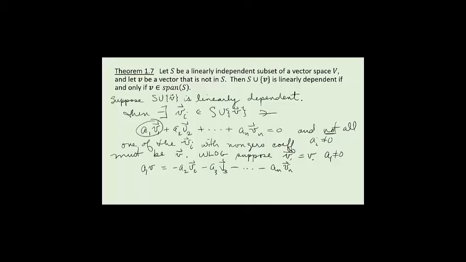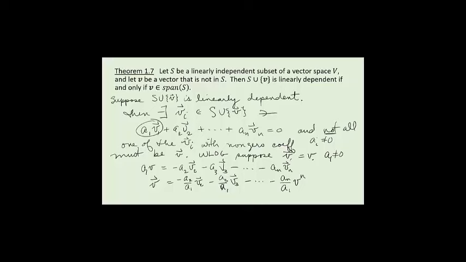And we can solve for v. a1 is not 0, so I can divide by it. v equals minus a2 over a1 v2 minus a3 over a1 v3 minus dot dot dot minus a sub n divided by a1 v sub n.